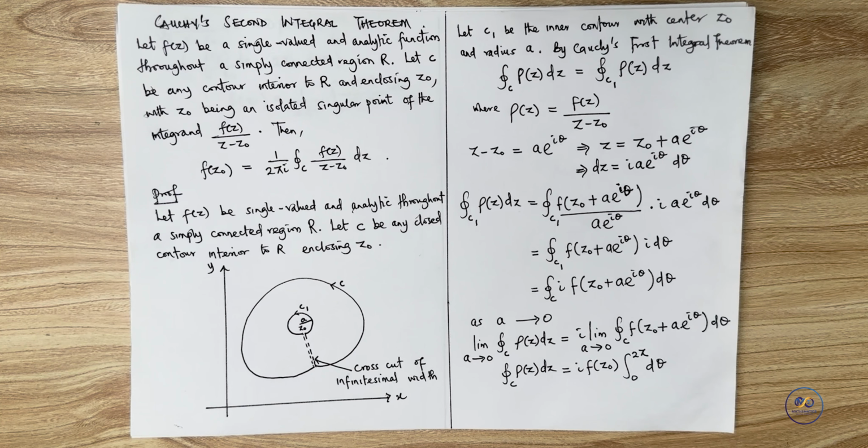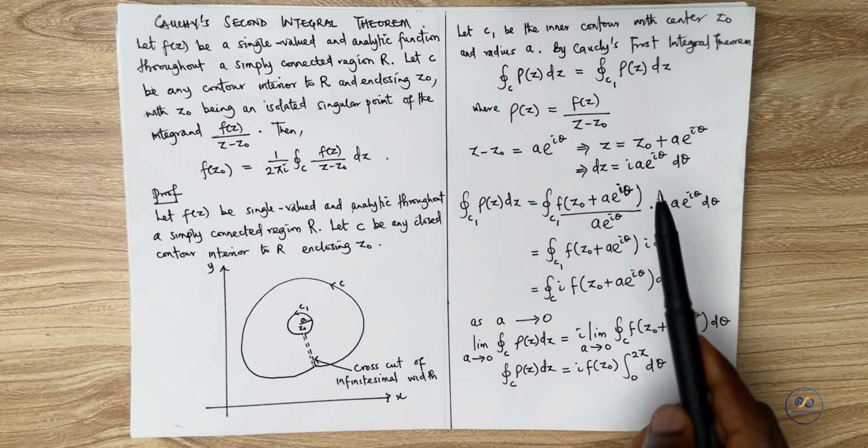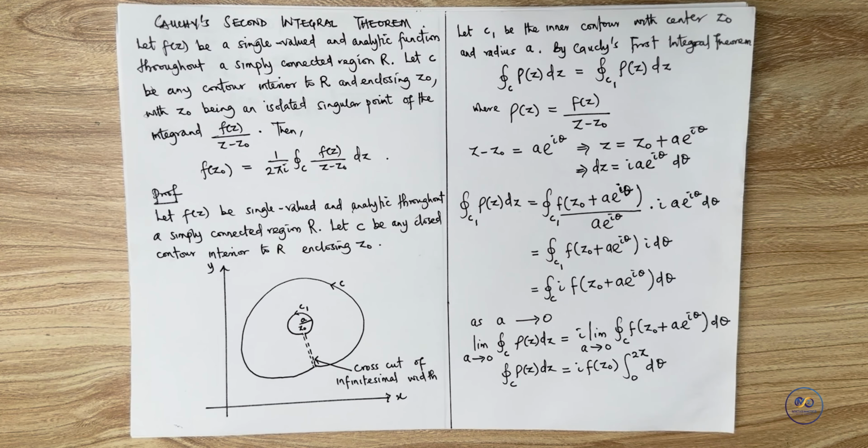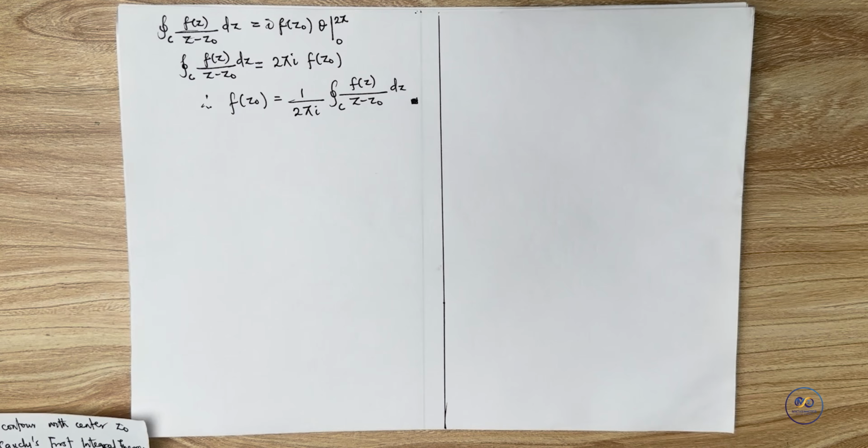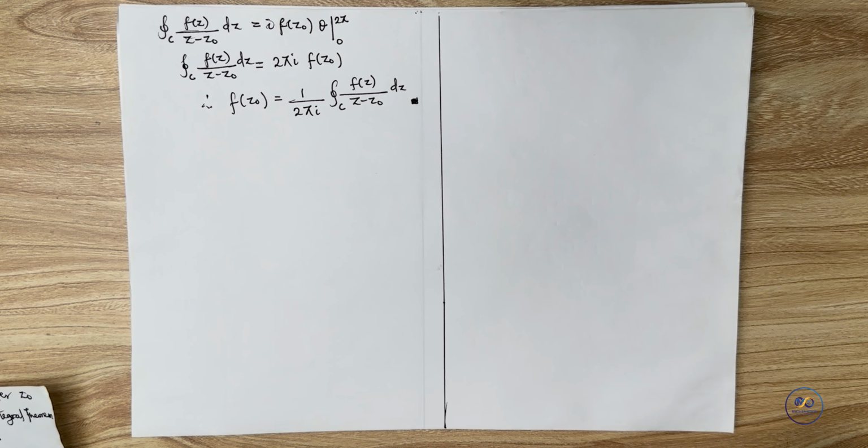That is very, very important. And then from there, we applied the property of the complex number that will exist within the region, and we also rewrote it in exponential form in order to prove Cauchy's second integral theorem. I hope this was well taken and clear.